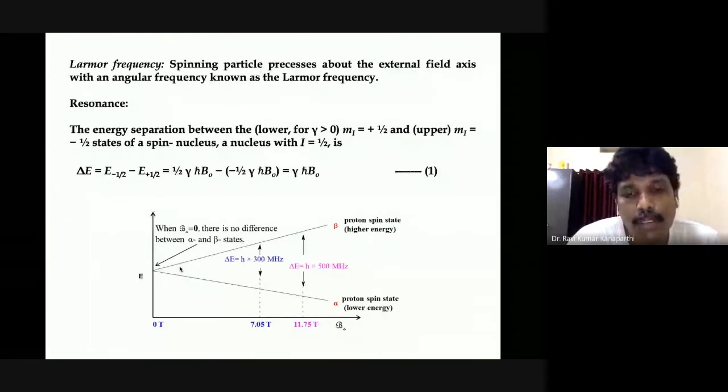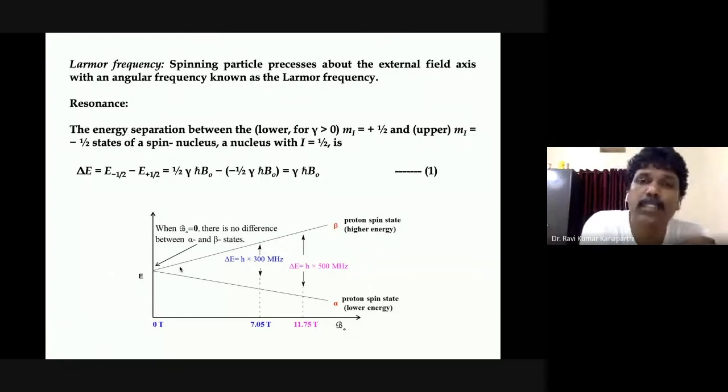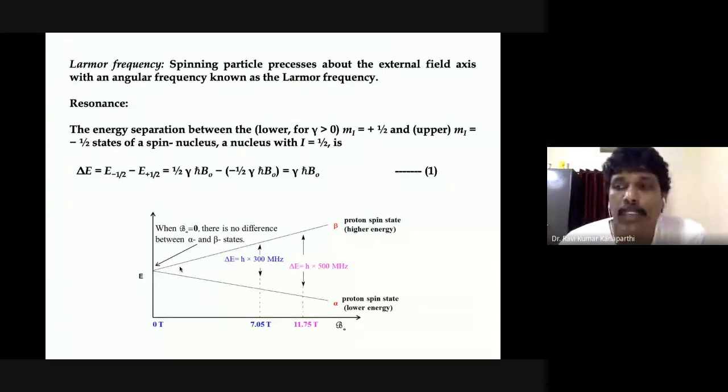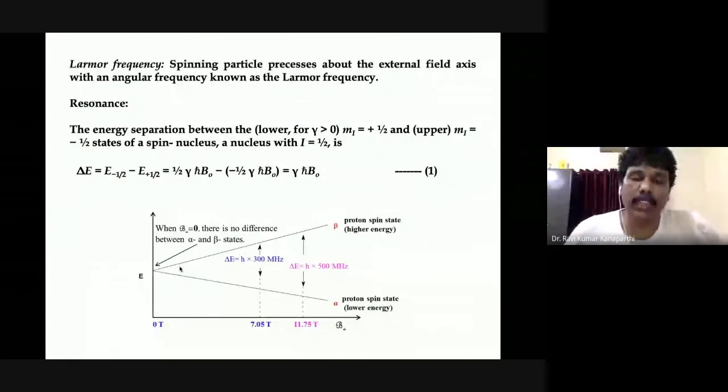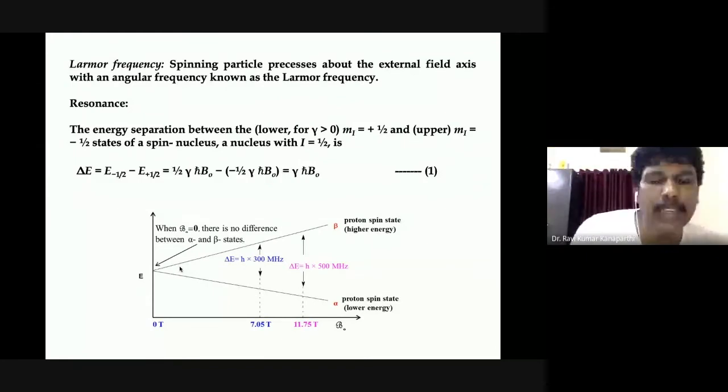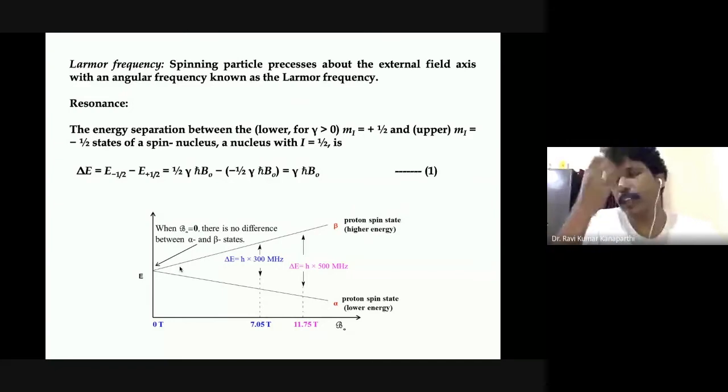We understood from the previous discussion that certain nuclei possess nuclear spin, and if you place them in an external magnetic field, their energy states will be split into several levels, decided by the spin quantum number I. The NMR spectroscopy we study in academics and practice in research mostly deals with half spin nuclei.